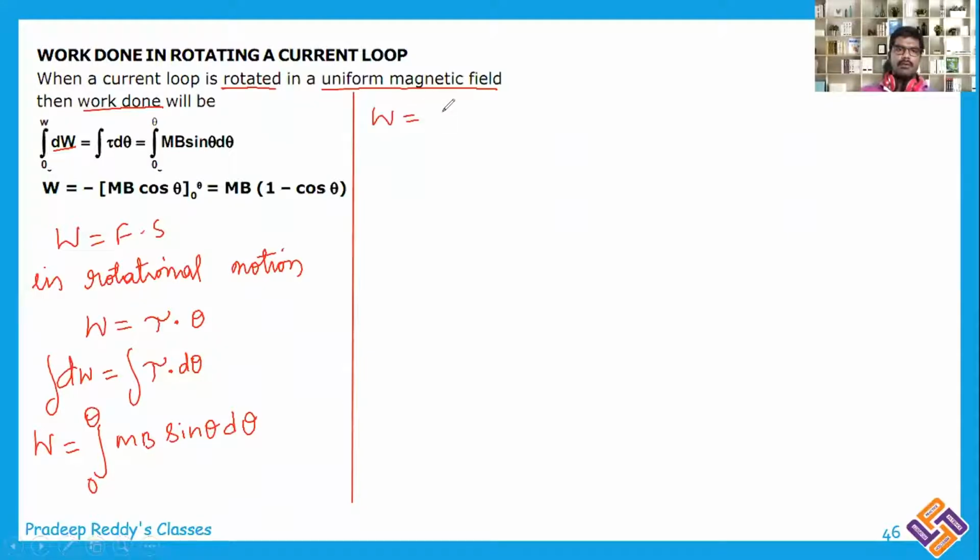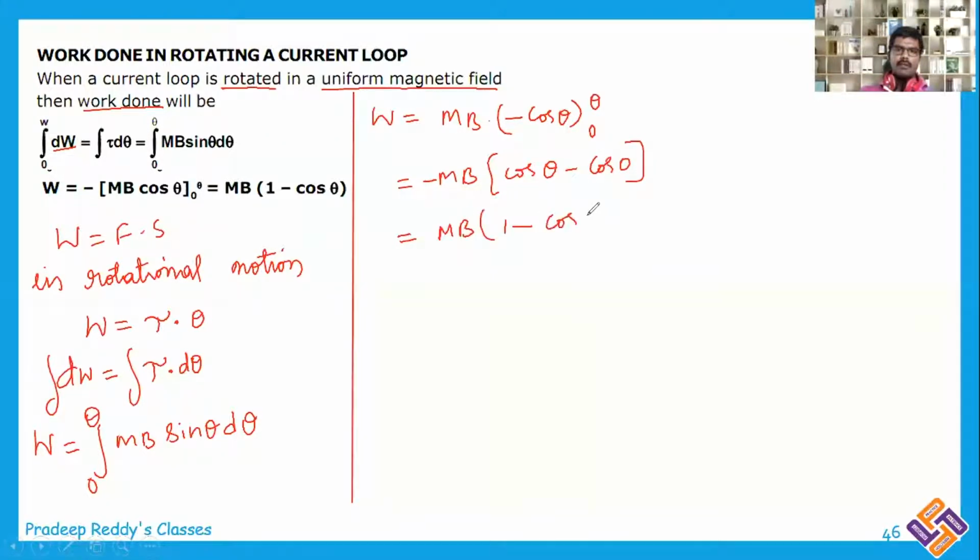W is equal to mB, the integral of sine theta is minus cos theta, with limits from 0 to theta. I can bring that minus outside. It is cos theta minus cos 0, which is equal to mB into 1 minus cos theta. This is the net work done.